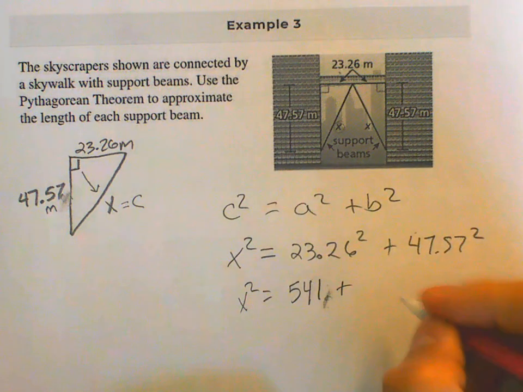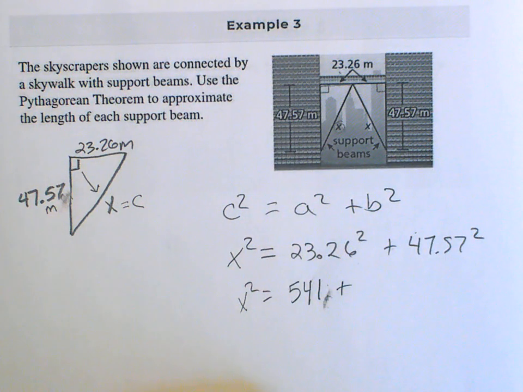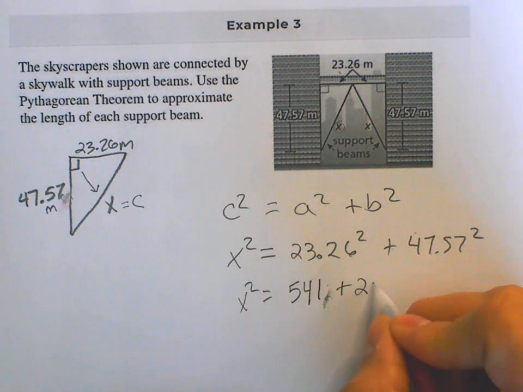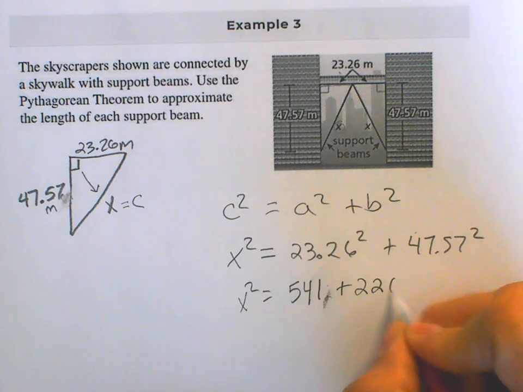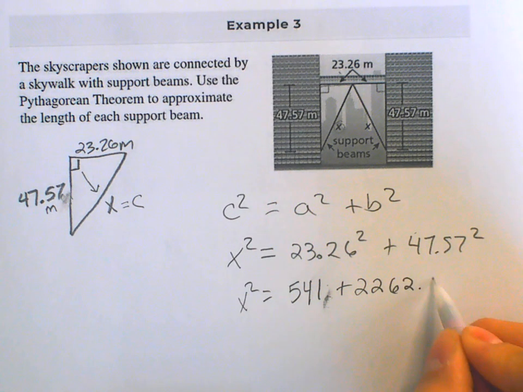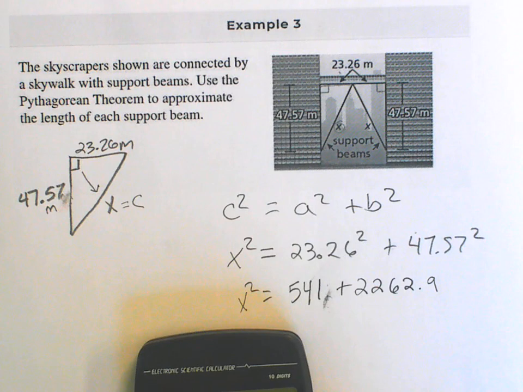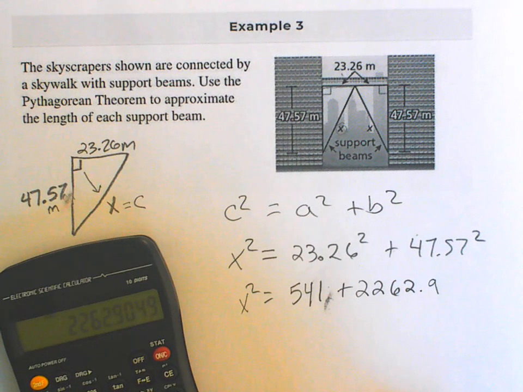When you square it, 47.57 quantity squared, it's a large number, guys. 2262.9. Look at the big number that I got.